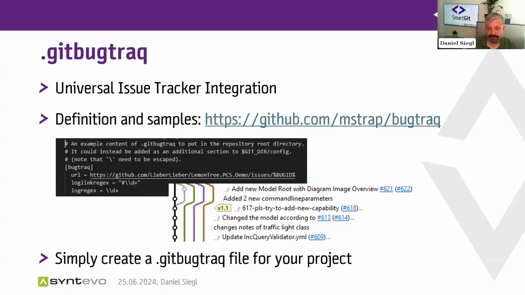We will look into this in a bit more detail in the demo. You then get these blue links in your history view, and you can directly click on them, and it will take you, in this case, to GitHub, but it could also be Jira or YouTrack. It's possible for most tools to define these gitbugtrack files. In the repo mentioned above, there are some examples of how to configure the various tools.